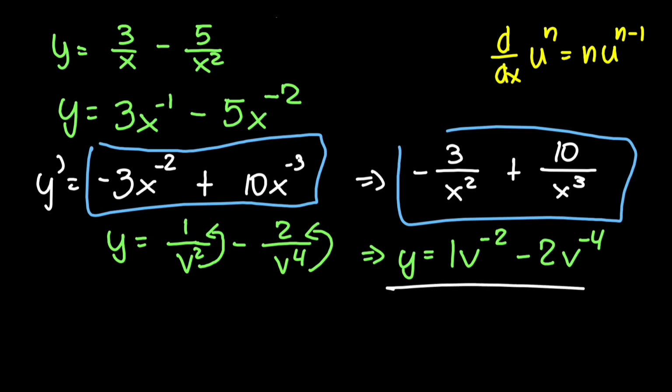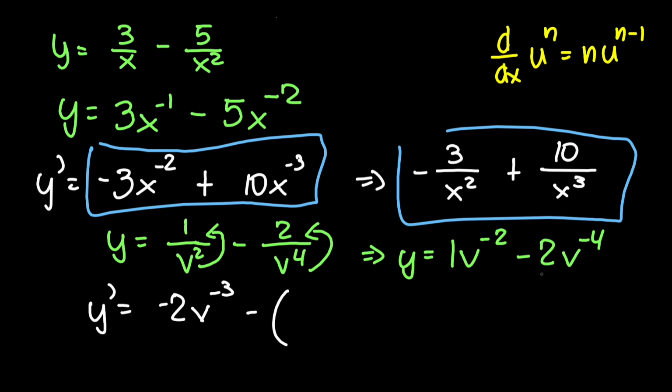Taking the derivative of this, y prime would be equal to 1 multiplied by negative 2 would be equal to negative 2v. Subtract this by 1, it would be negative 3, minus 2 multiplied by negative 4 would be negative 8v. Subtract it by 1, it would result in negative 5.